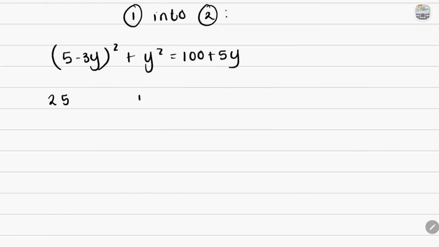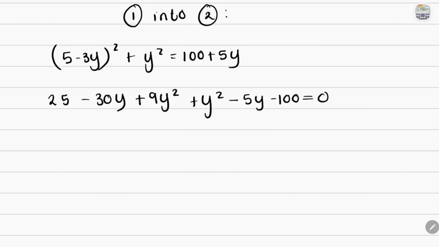Square the last term, that gives us positive 9y squared. First term times second term is negative 15y. Then times 2 is negative 30y. And then plus y squared. We might as well transpose this because I can see these are going to become positive. So minus 5y minus 100 is equal to 0.